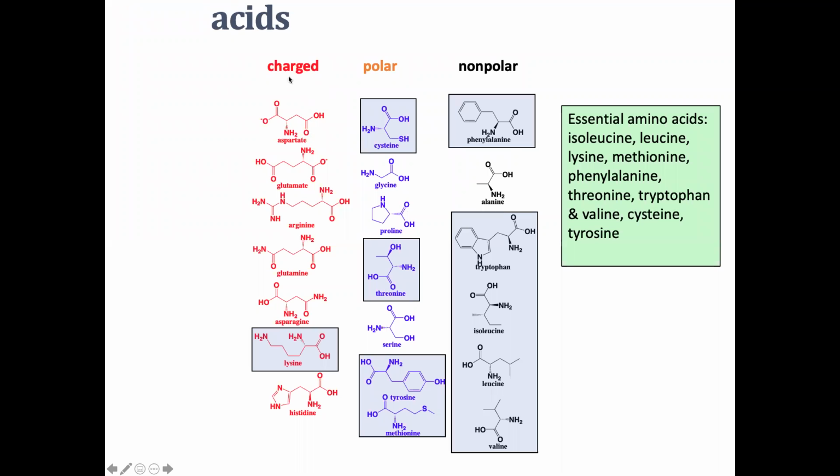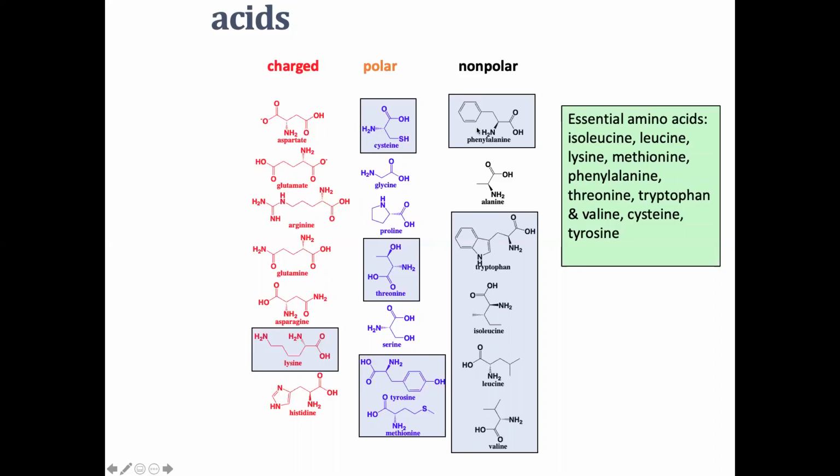They can either be charged, which means that the R group has an electrical charge at neutral pH. They can be polar, which means they contain electronegative atoms in their R group and are more likely to associate with charged or polar groups, while the charged groups are more likely to associate with polar or charged groups of the opposite charge, because opposite charges attract each other.